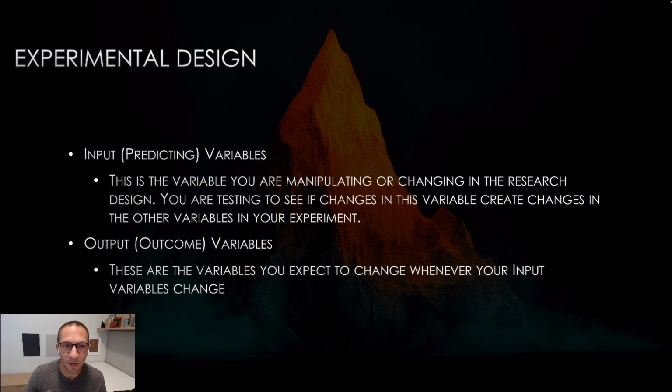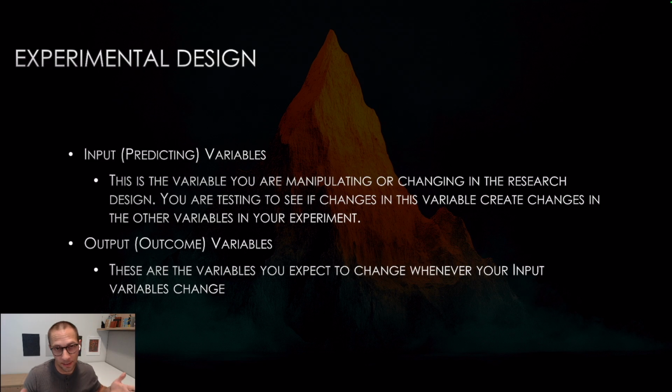So when we're talking about experimental design, you're going to have at least two variables, and those would be at least one input variable and one output variable. The input variable, often known as a predicting variable or an independent variable, is a variable that you're really testing. You want to see, does this have an impact on some sort of outcome, or your output variable?